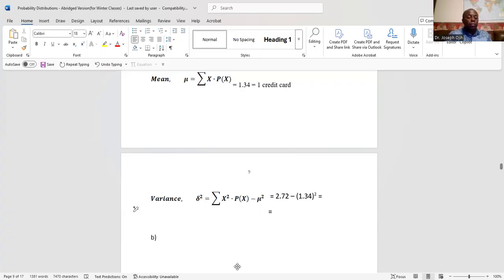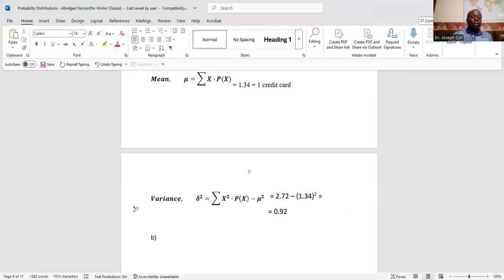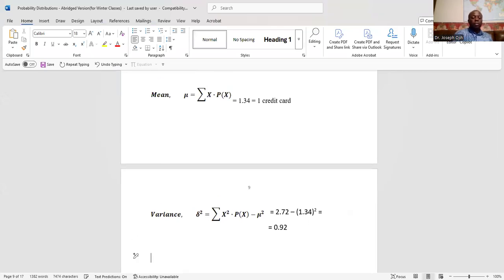Going to our calculator, I have 2.72 minus 1.34 squared, which gives 0.9244. Basically 0.92. So the variance is 0.92. And then the standard deviation will be the square root of the variance.